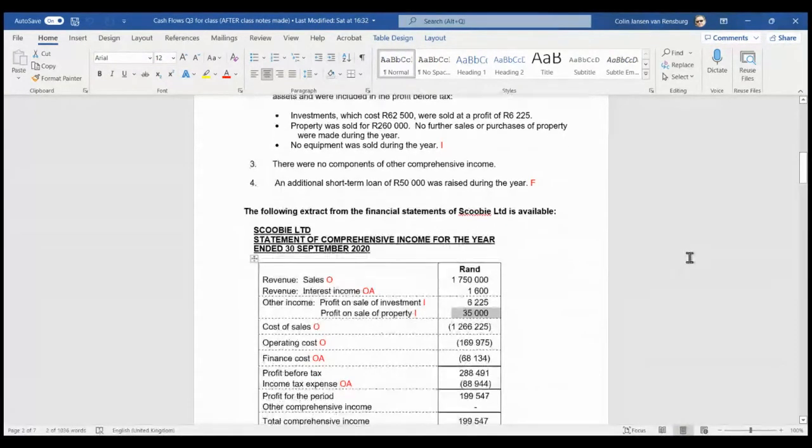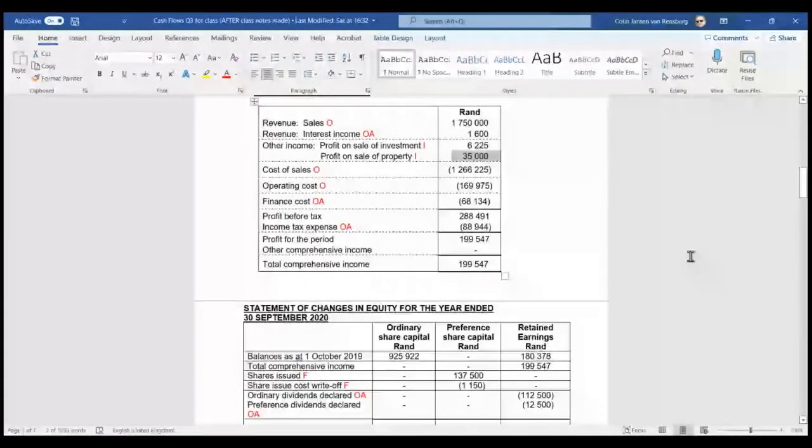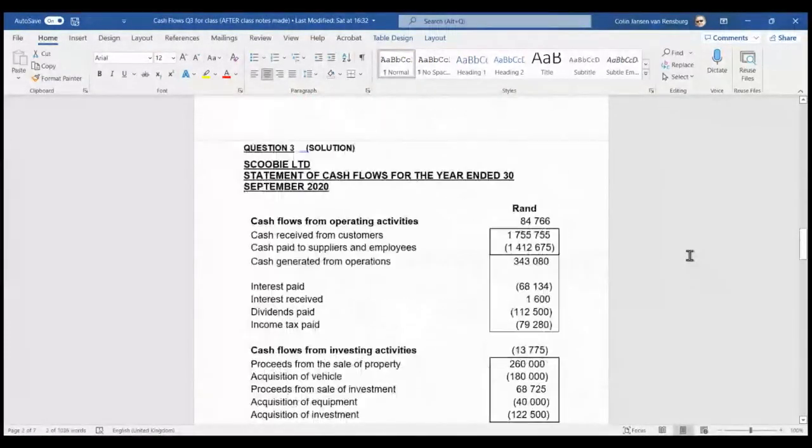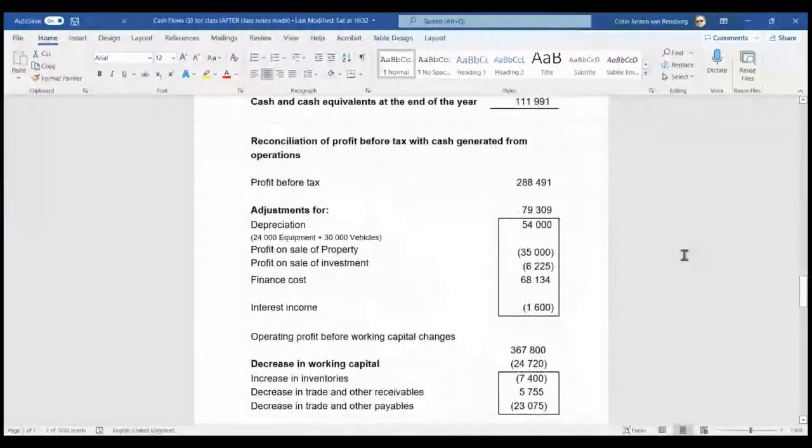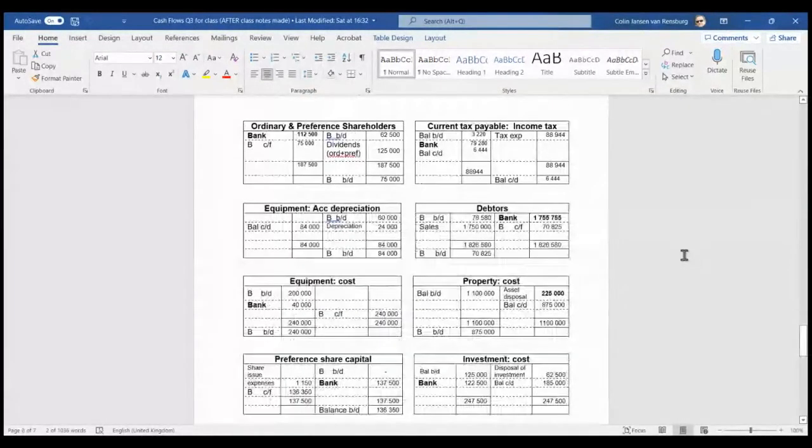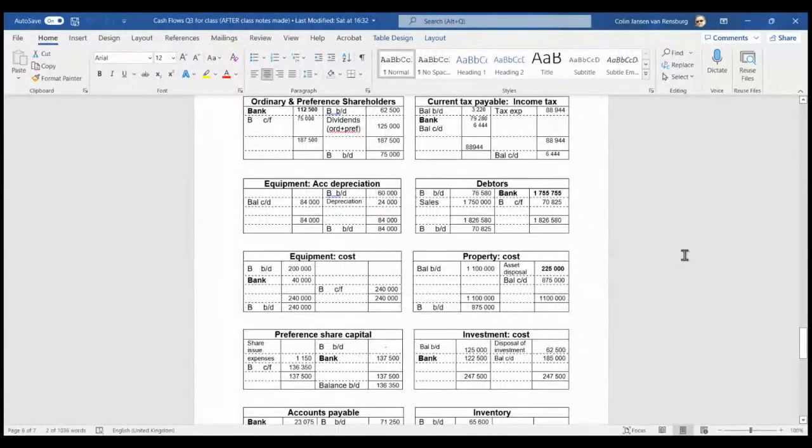If I remember correctly, the reconstruction of the property account was also provided. So you could have reconstructed that account. It's probably not necessary in this question because it was given to us very straightforwardly.